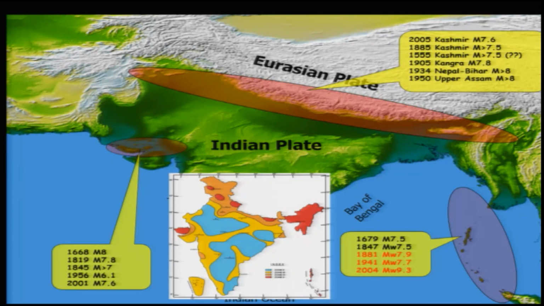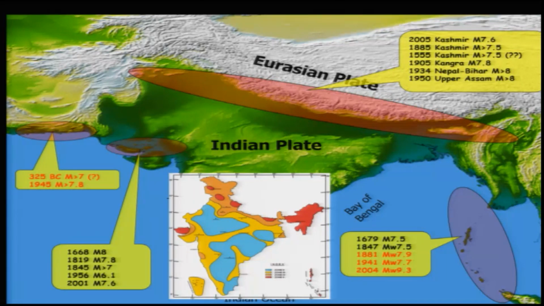And other than that, we have another subduction zone which is going to affect the Indian coast along the west side, that is your Gujarat as well as the west coastal mainland India.